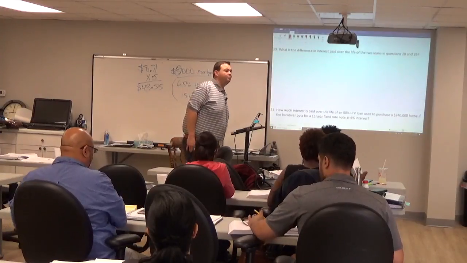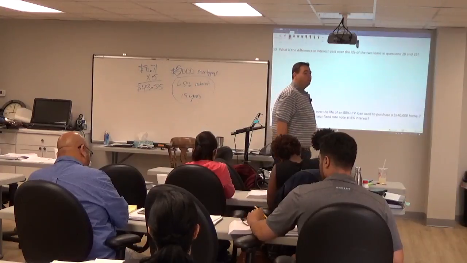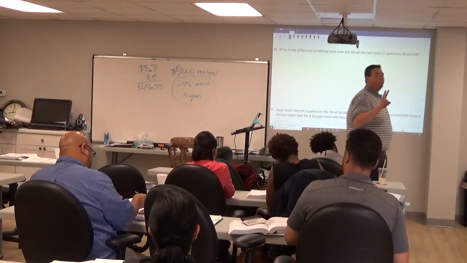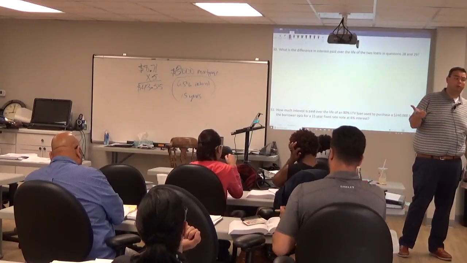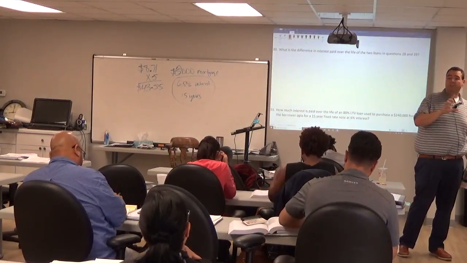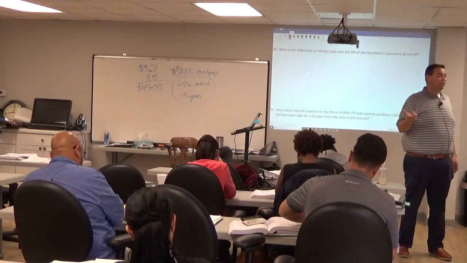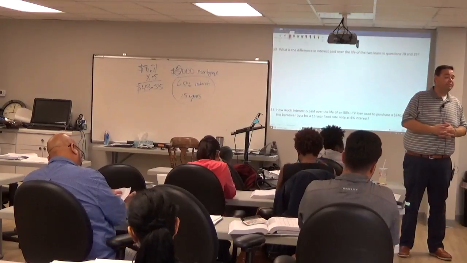This is the last piece you could possibly be asked. To compare two loans. Didn't we just figure the interest paid over two loans? Number 28, we figured a loan, and we basically took the same loan in number 29 because it was the same $100,000, right? One's a 15-year note, one's a what? 30-year note. And they're at different interest rates because they usually will be at different interest rates.